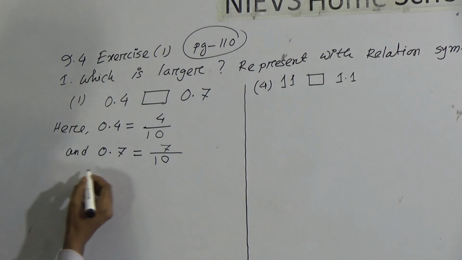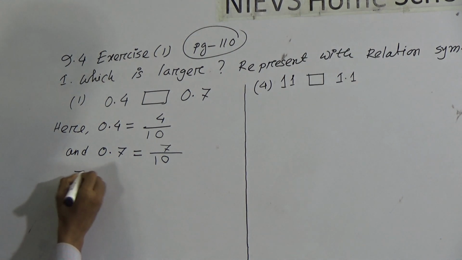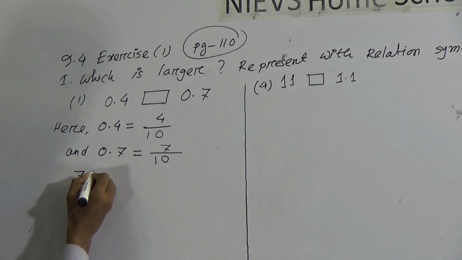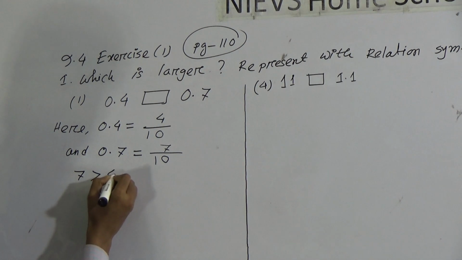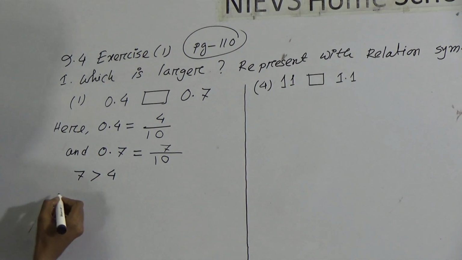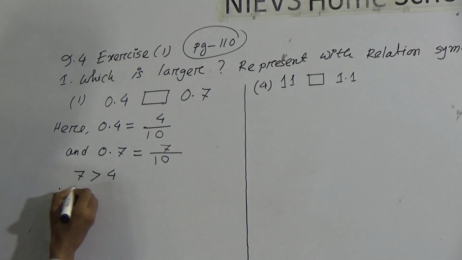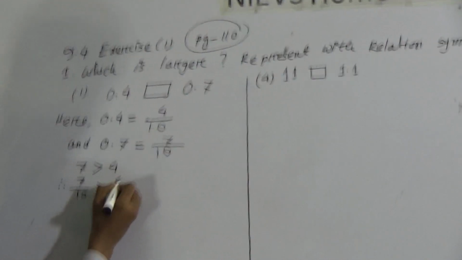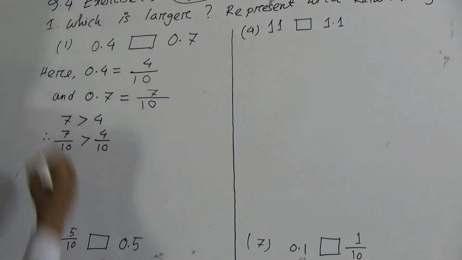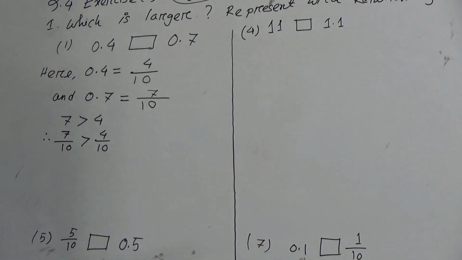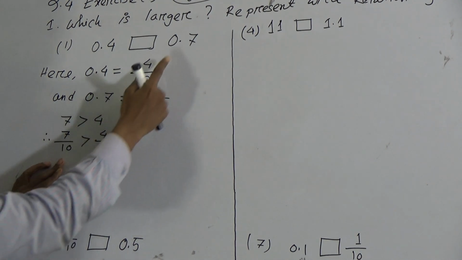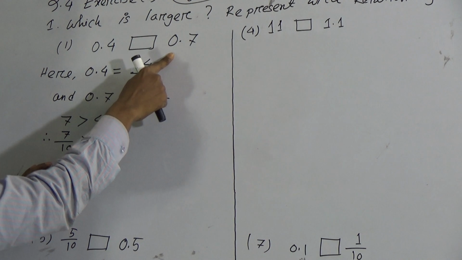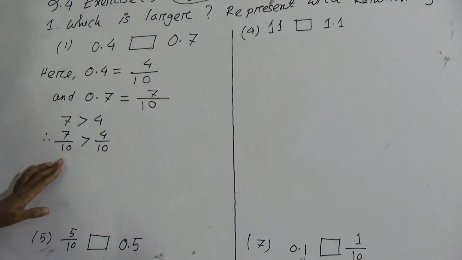Therefore we write, 7 is larger than 4. That means we can say 7/10 is greater than 4/10. So which is larger? Obviously 7/10 means decimal 0.7, this is the larger.